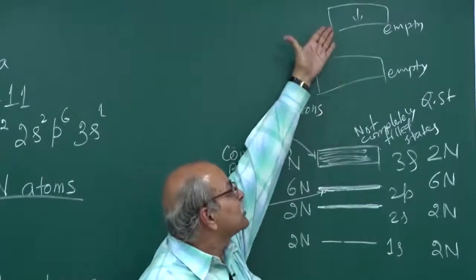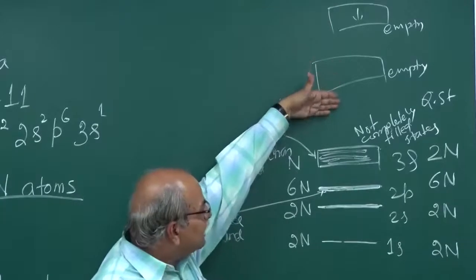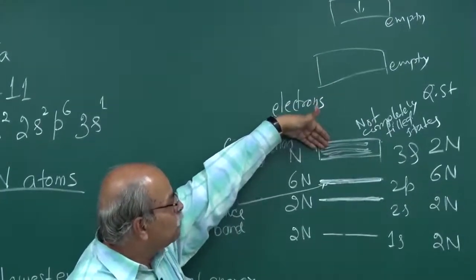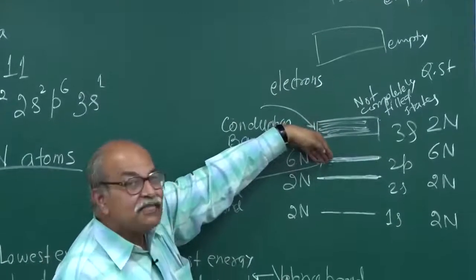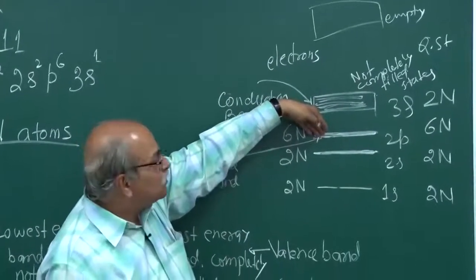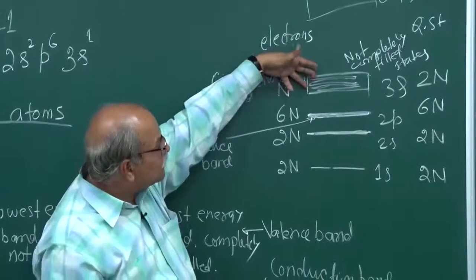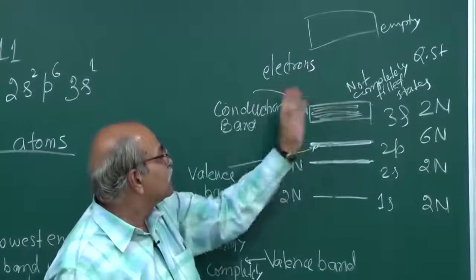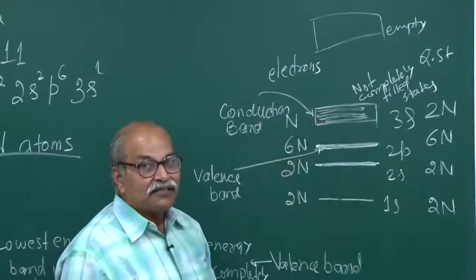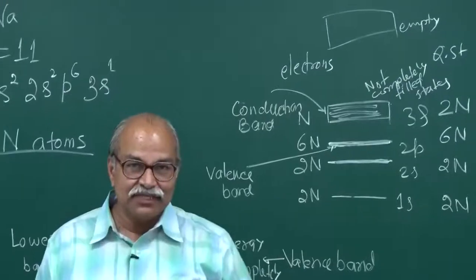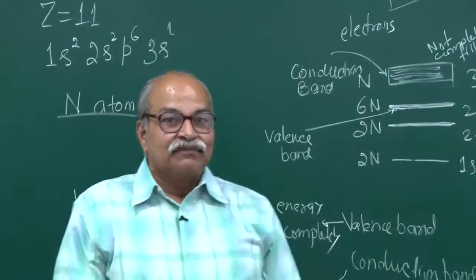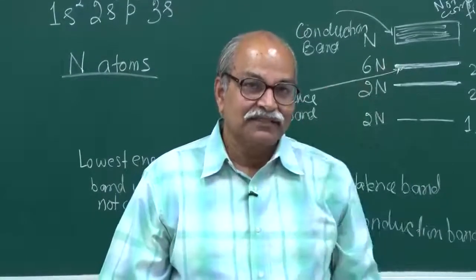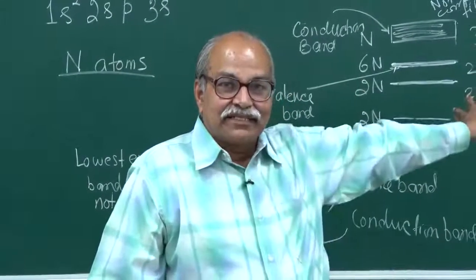This is also not completely filled. So, you come down and this is that lowest energy where you have not completely filled. If you go further lower, you have a completely filled band. So, the first one coming from the top which is not completely filled, we will call that the conduction band. These two words I will be using very frequently. Now, the name conduction band can be justified very easily, at least in this case.